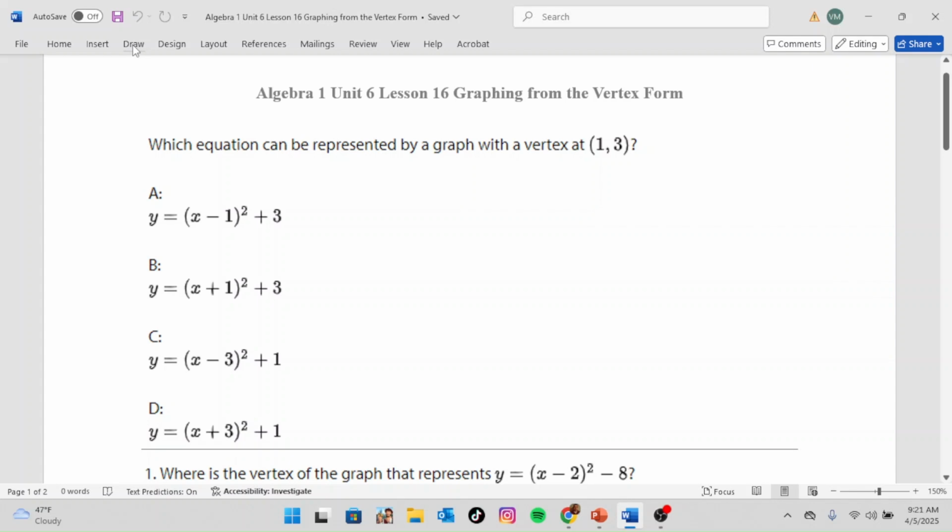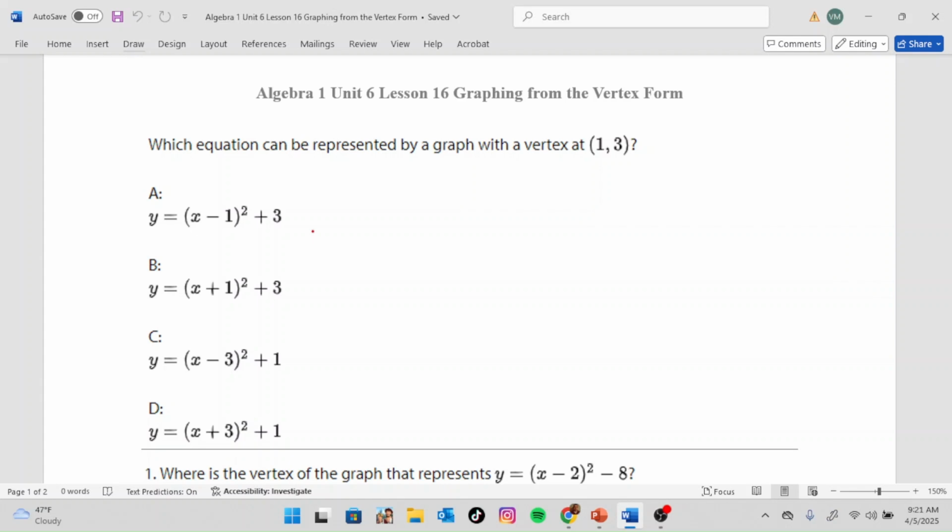Now we can begin the practice problems for Lesson 16. Our first practice problem asks, which equation can be represented by a graph with a vertex at the point (1, 3)?